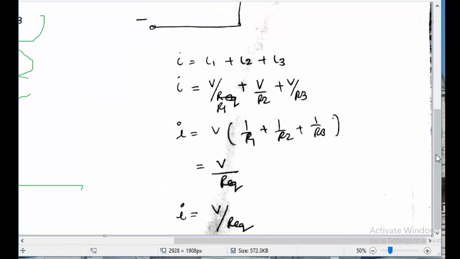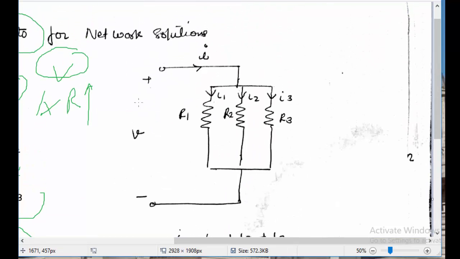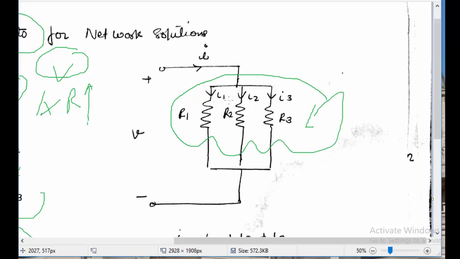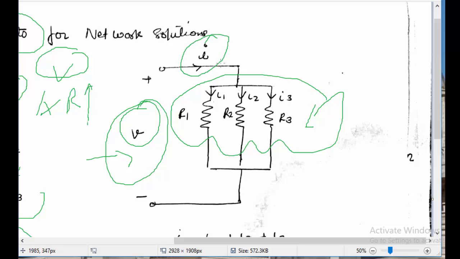Again, there is the other kind of circuit which is known as the parallel circuit. In a parallel circuit, the different resistances are connected in parallel, and the supply voltage remains the same across the resistances connected in parallel, shown as V here, and I is the current originating out of the supply voltage.